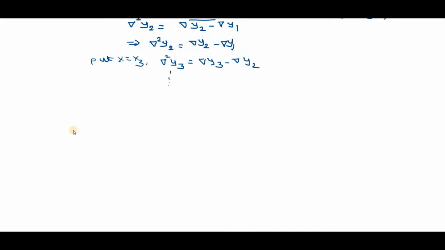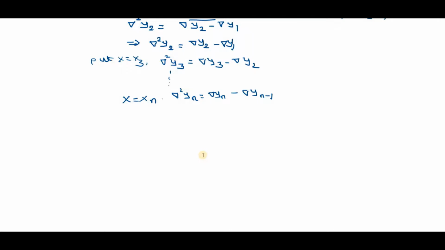Continuing in the same way, and at last put x is equal to xn, we get del square yn is equal to del yn minus del yn minus 1. Similarly, the higher order differences can be obtained.